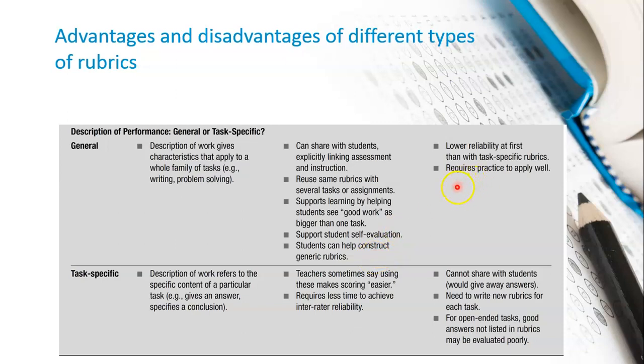However, a few disadvantages of using the general rubric: it has lower reliability, and sometimes maybe lower validity. You need to be able to identify the basic skill that you want to observe.